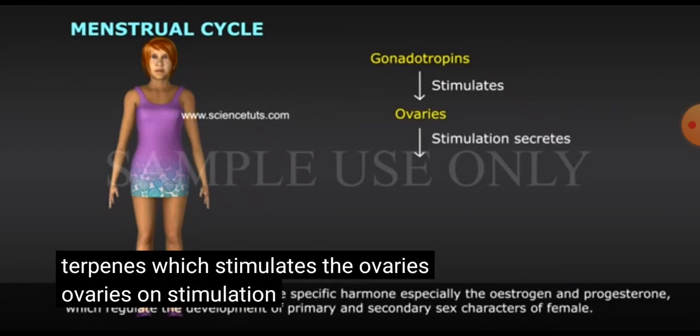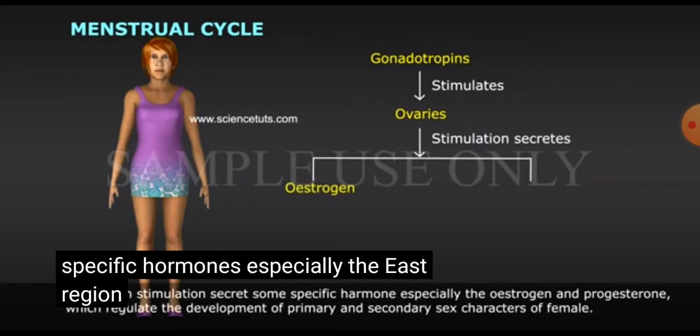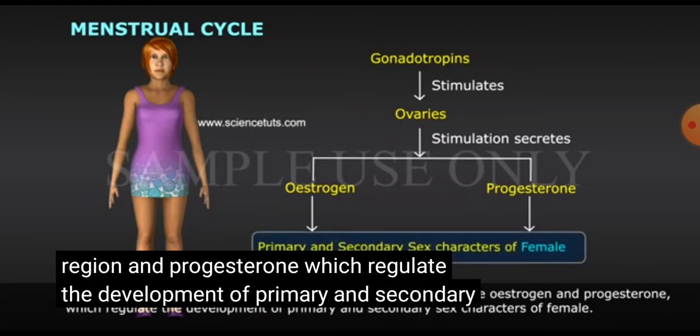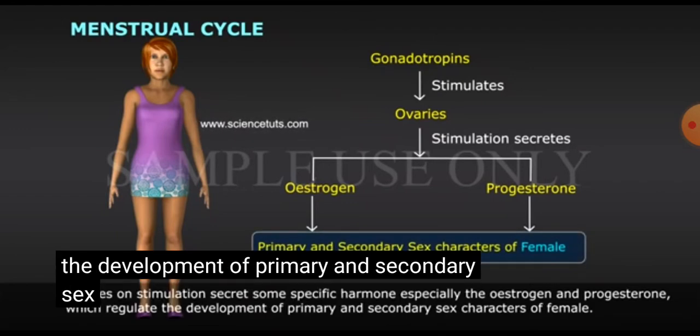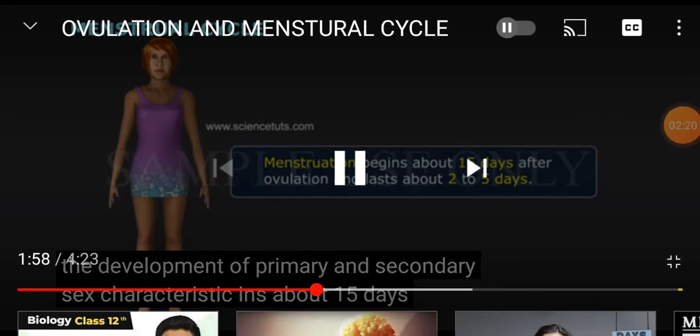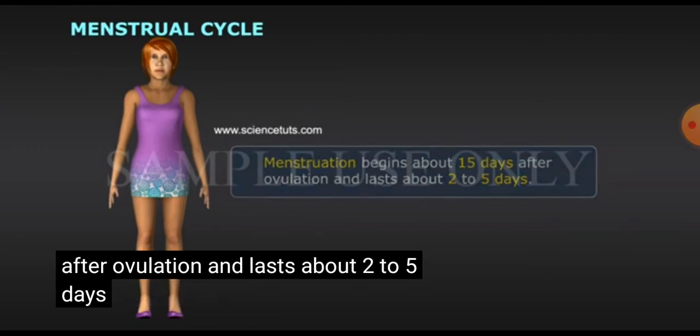Ovaries, on stimulation, secrete some specific hormones, especially the estrogen and progesterone, which regulate the development of primary and secondary sex characters of female. Menstruation begins about 15 days after ovulation and lasts 2 to 5 days.